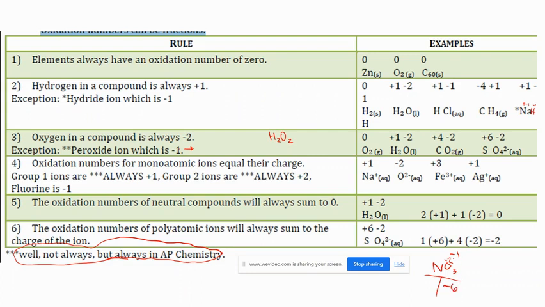The polyatomic ion's overall charge is a minus 1. So this side has to be plus 5, because 5 minus 6 is a minus 1. If I've only got one nitrogen, that has to be a plus 5.